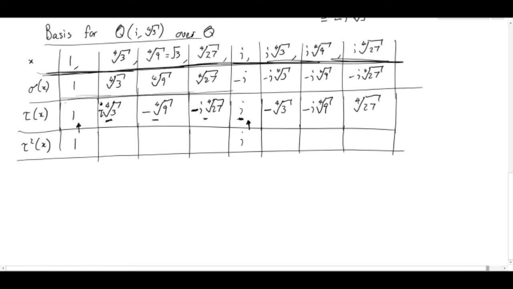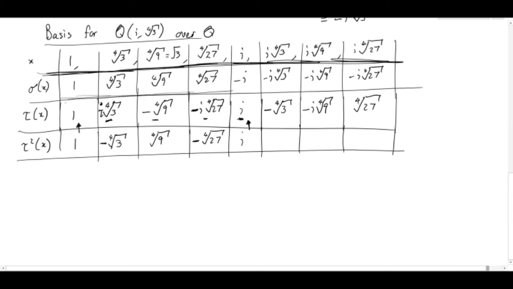In other words, the composite tau squared maps the fourth root of 3 to minus the fourth root of 3. Now, the fourth root of 9 is just that one squared, so it maps the fourth root of 9 back to itself. It maps the fourth root of 27 to the product of these previous two columns, in other words, minus the fourth root of 27.